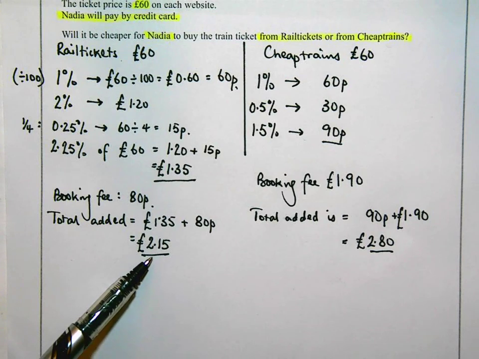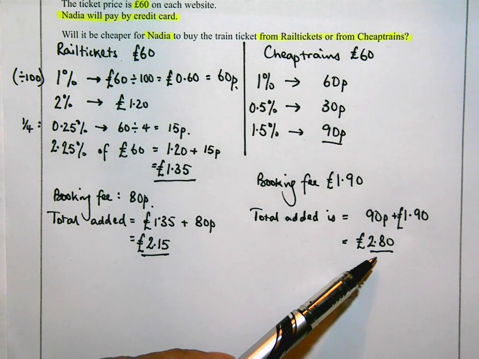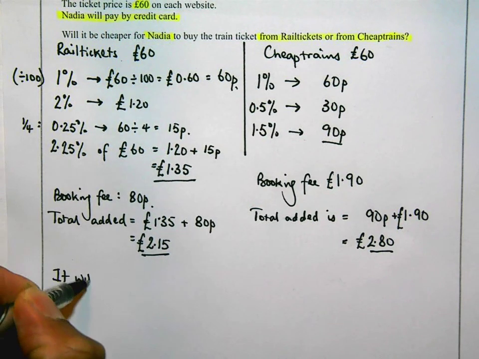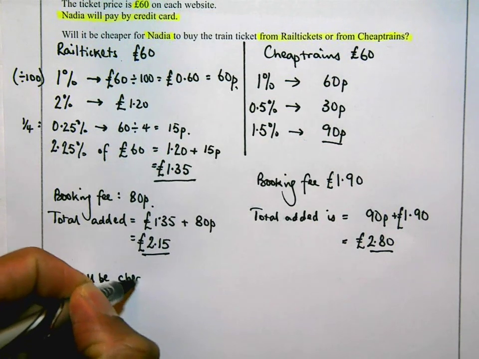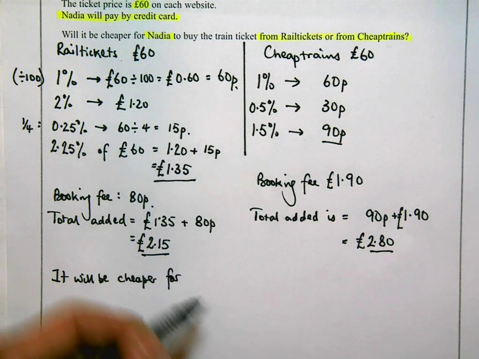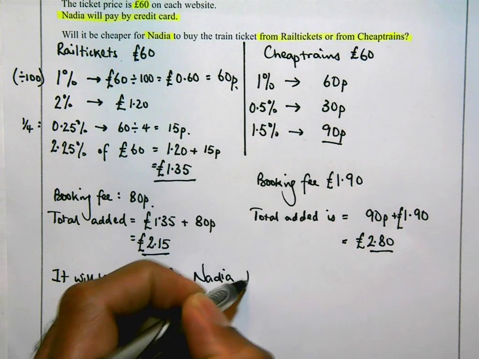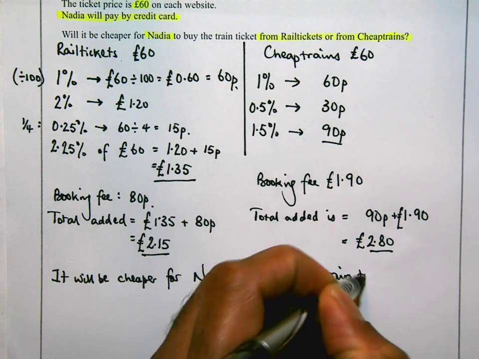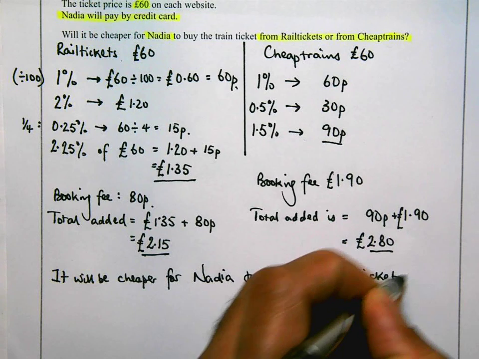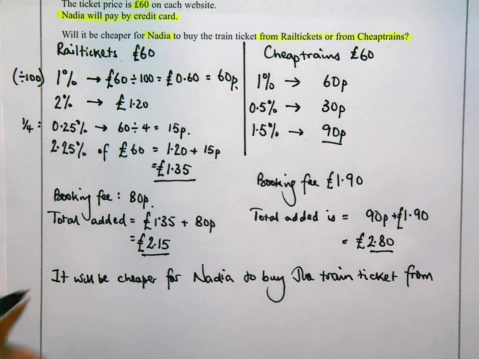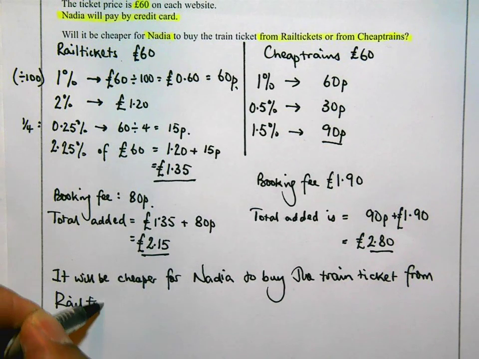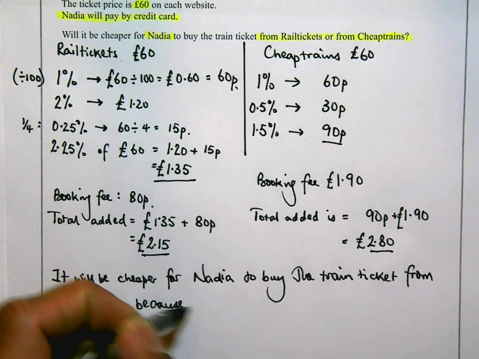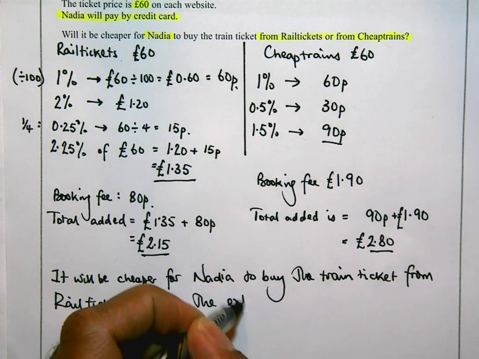So that means it will be cheaper for Nadia to buy the train ticket from rail tickets because the extra charge is smaller.